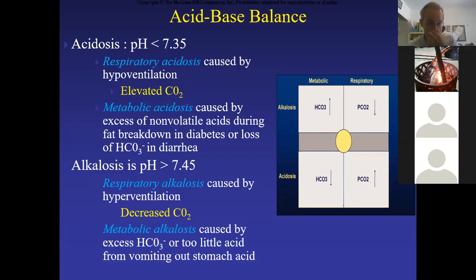There are different forms, metabolic and respiratory. For our discussion we're going to focus just on respiratory effects. We'll cover metabolic at another time, so don't worry about metabolic acidosis or alkalosis.